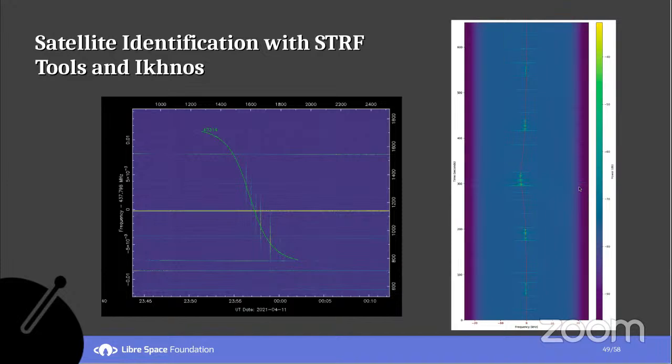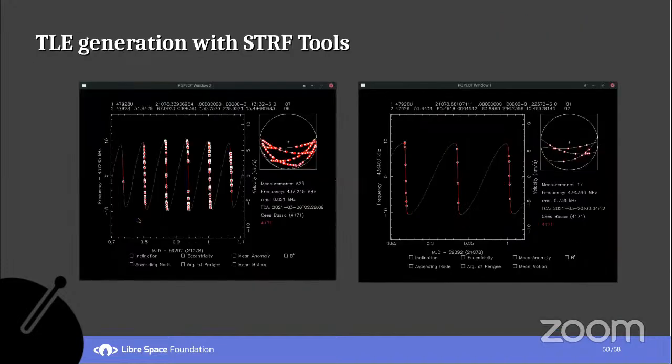So here we can safely say that this satellite is the object 47314. Now that we have this data, we can also determine the orbit and generate a new orbit.